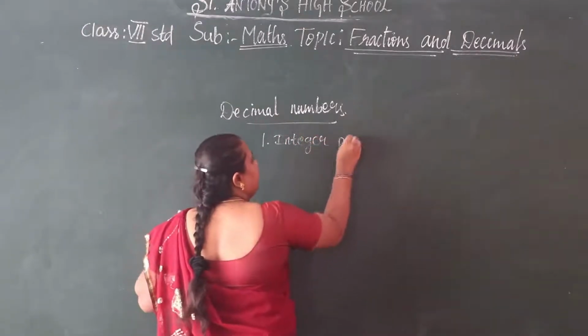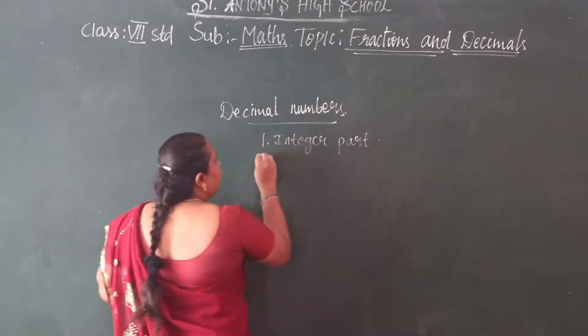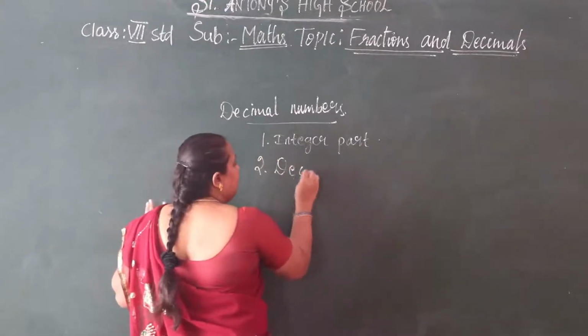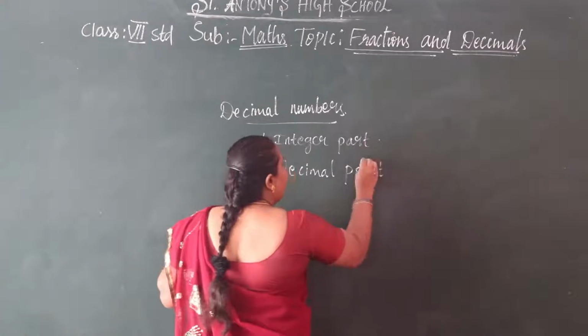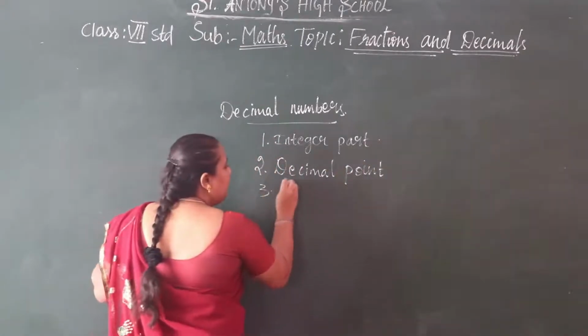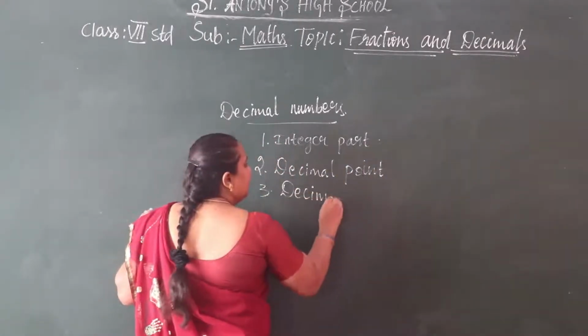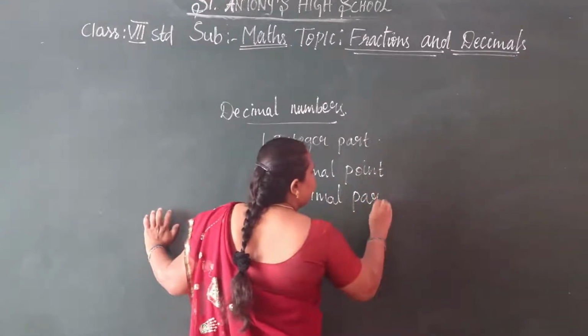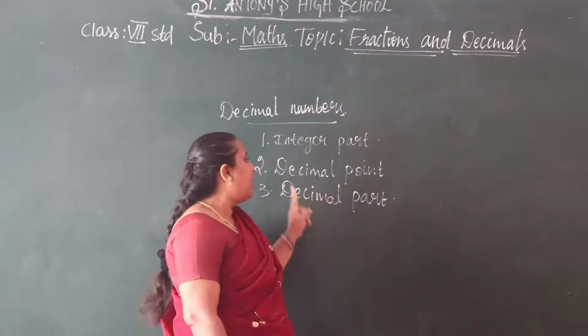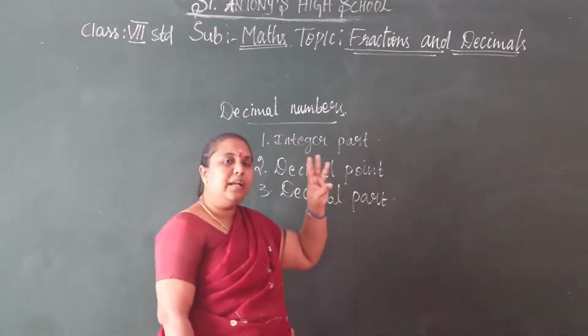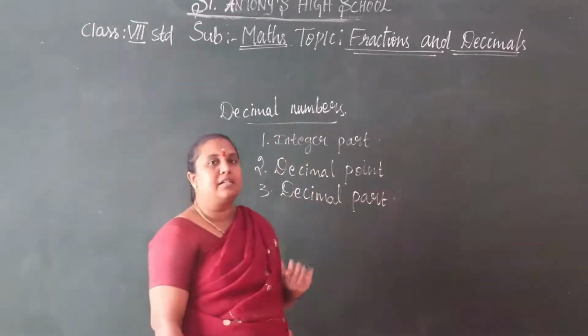Then the decimal point. And then the third one is the decimal part. See, integer part, decimal point and decimal part. So three parts we have in a decimal number.